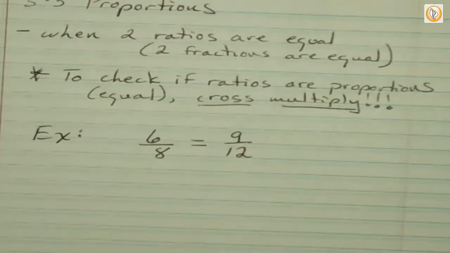And we're going to check to see if they're proportional or not, whether they're equal or not. You can also use this method in comparing fractions, like to see which one's greater, which one's smaller.